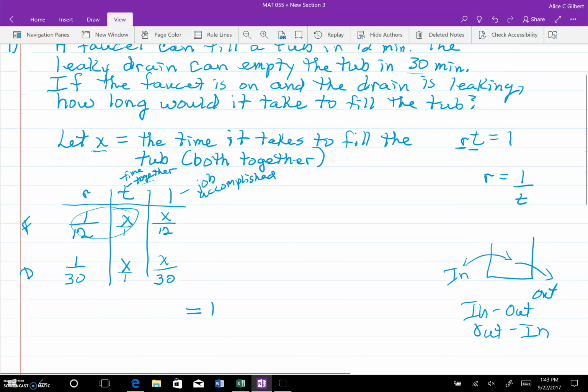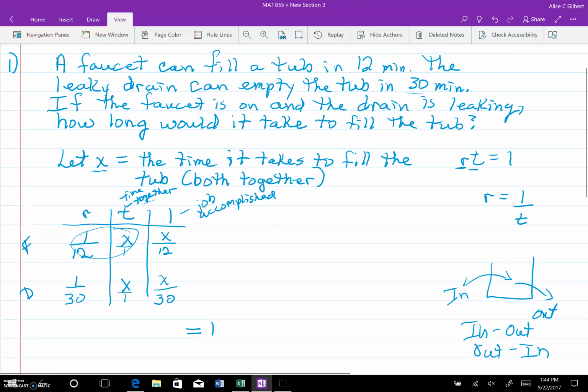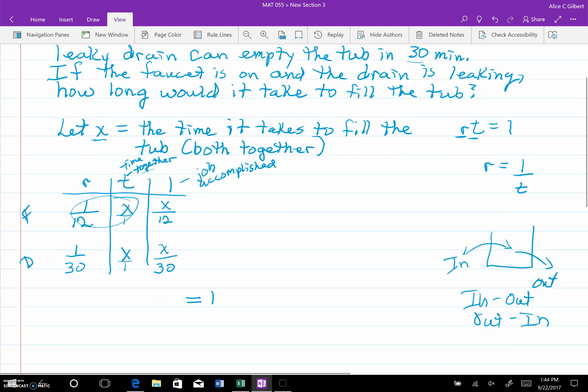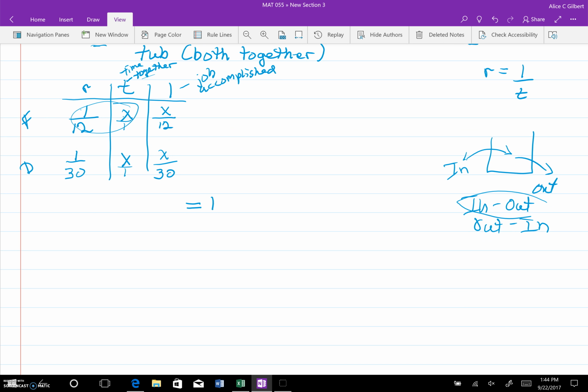Now we just need to figure out, is this tub full or empty when we start? Well, it doesn't say either way. So if it doesn't say specifically, then we always assume that it's empty. So that means I have to do in minus out.